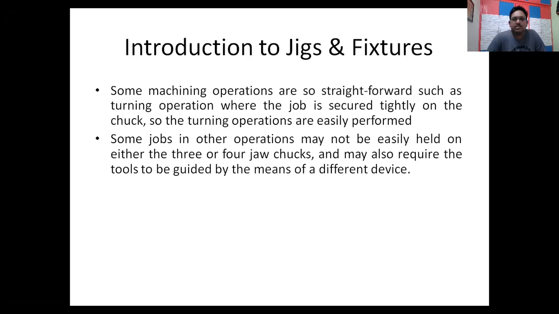But in some jobs, in other operations, it may not be easy to hold with either the 3 jaw chuck or a 4 jaw chuck. They may require tools to be guided by different means.